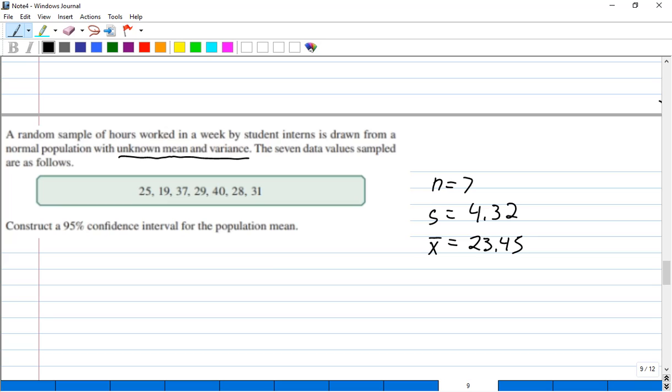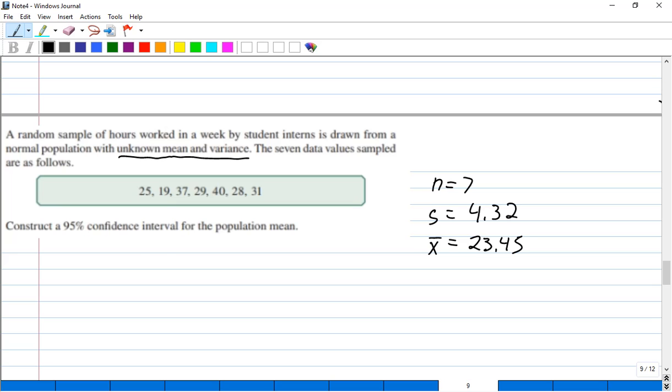All right. Now for the critical value. This is a very critical part of the problem because without this critical value, you can't figure it out, and you've never looked one up before. It's the first time for everything. All right. So this is how you find the critical t-value.